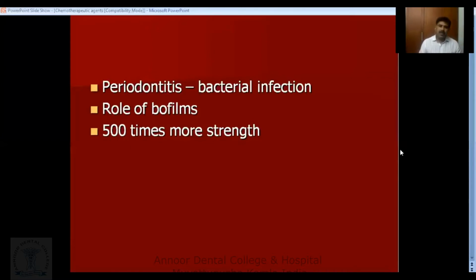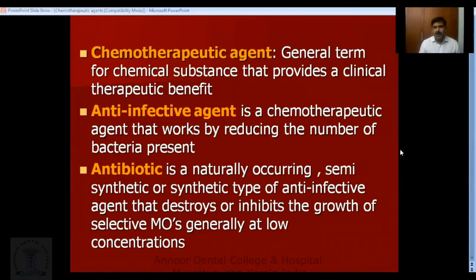Basically, we are going to discuss the role of different antibiotics or antimicrobials in the management of periodontal disease. Now, what is a chemotherapeutic agent? It's a general agent, a chemical substance that provides a clinical therapeutic effect.